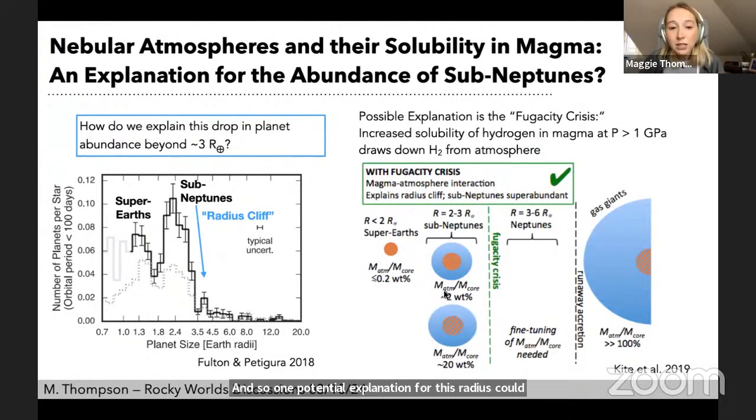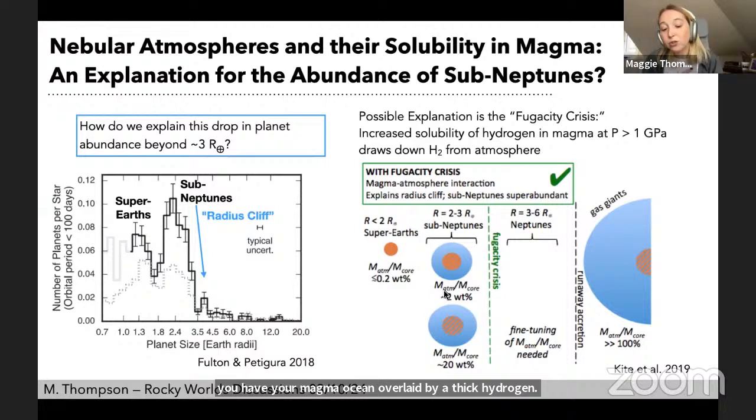In 2019, Edwin Kite proposed this idea of a fugacity crisis, which is a scenario where you are accreting and gathering enough nebular gas on a growing proto-sub-Neptune. If you reach a size of around 3 Earth radii, that results in a surface pressure where you have your magma ocean overlaid by a thick hydrogen envelope. At that point, the solubility of hydrogen increases significantly.